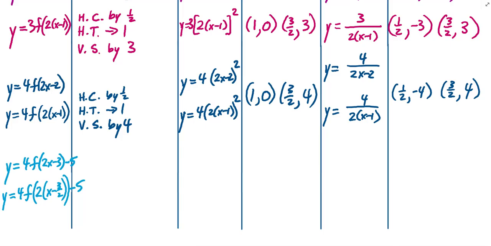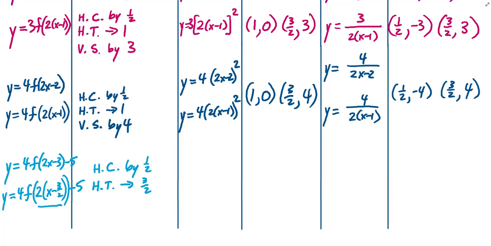So let's put it all together here. What's going on? Let's look inside the function. Inside the function is my x. So inside the function, I have a horizontal compression by a factor of 1/2. Why a compression? Because we take the reciprocal of that too. I also have a horizontal translation to the right by 3/2. Why to the right? Because we look at what's being subtracted from x.